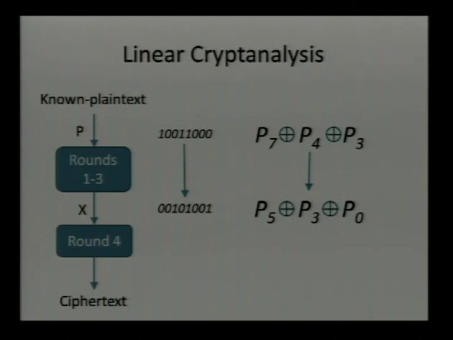It's linear attacks. It's very, very similar, but instead of using differentials, instead of taking a pair of numbers and XORing it together and then tracking how that result changes, we track bit parity.